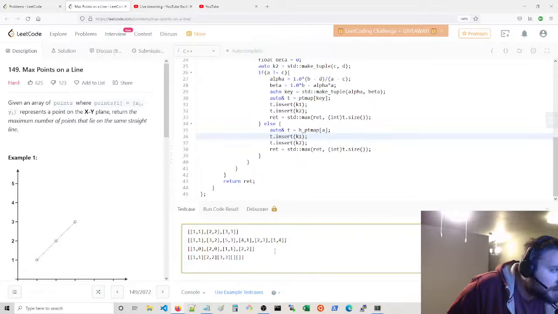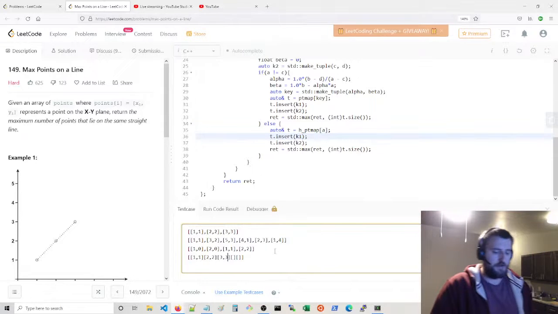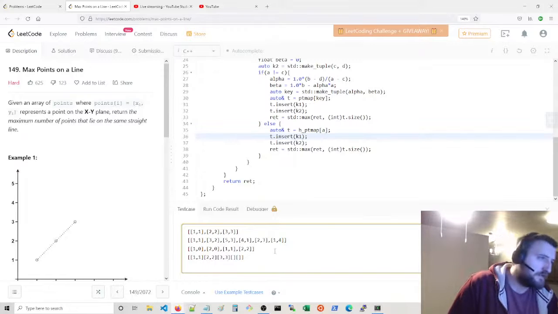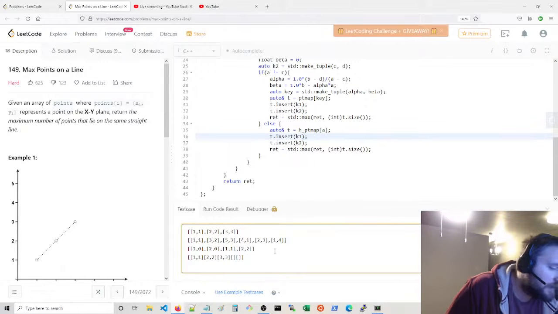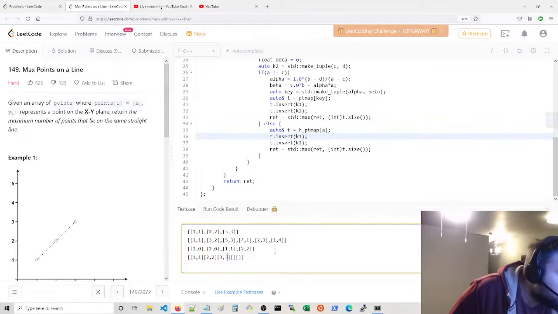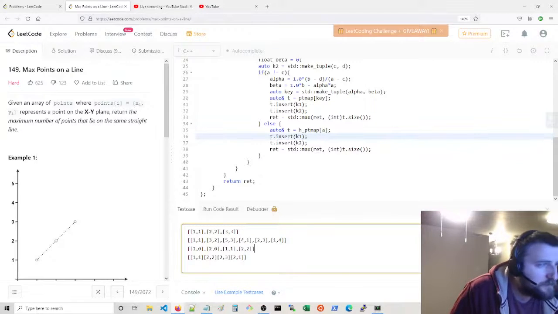Oh, excuse me. 1 1 2 2. And let's say this 2 2 connects to something else. So we'll do, you can do a horizontal line, like 2 3 and 2 1, and then that's it. So we should get 3 here.